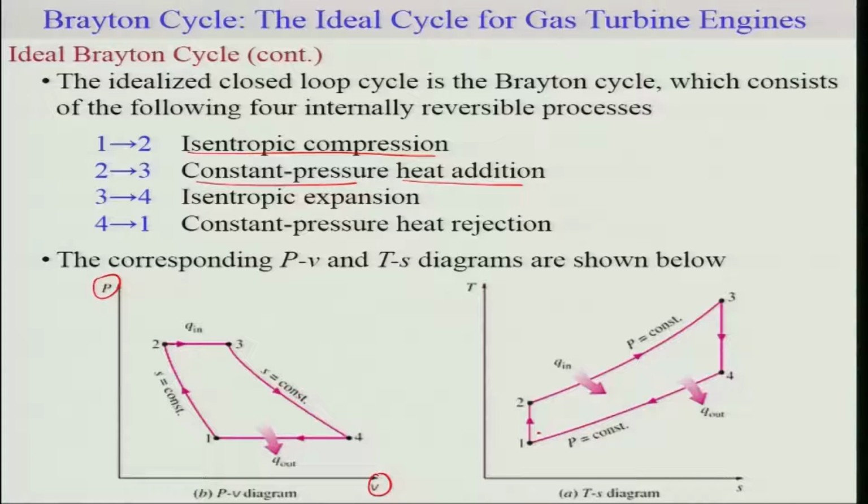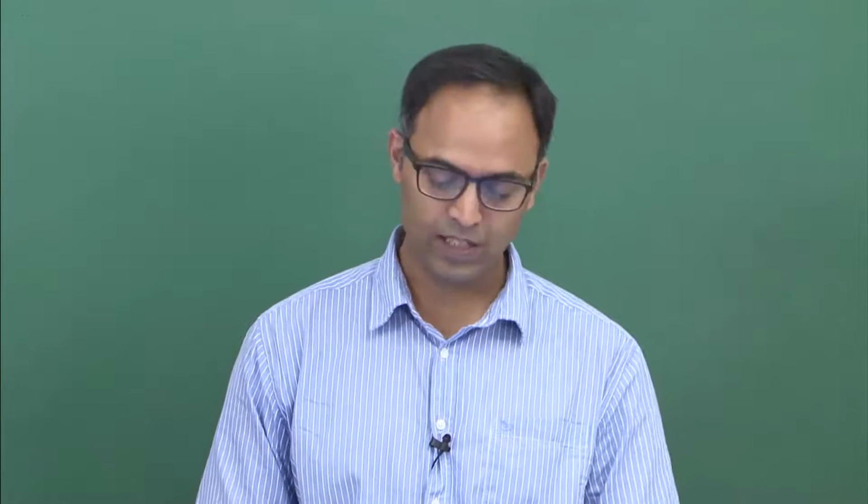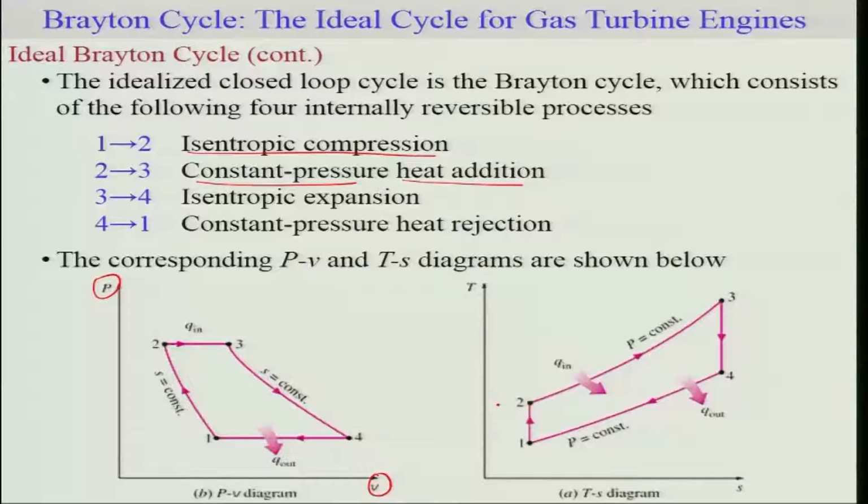On the TS diagram you can clearly represent 1 to 2 as isentropic, followed by constant pressure, followed by isentropic expansion, followed by constant pressure heat rejection. So we can clearly see how we change this diagram from the Otto cycle to the diesel cycle to the Brayton cycle. It's a beautiful way of making use of the different conditions.